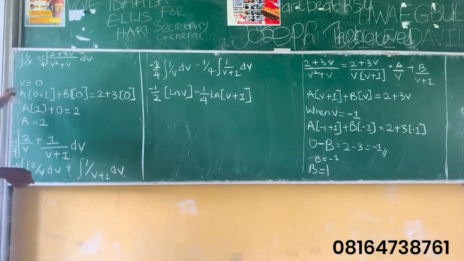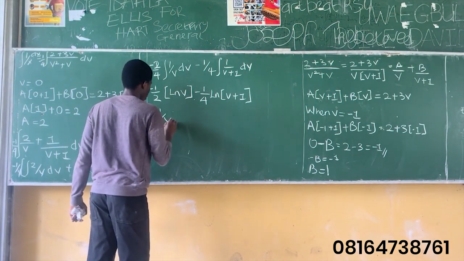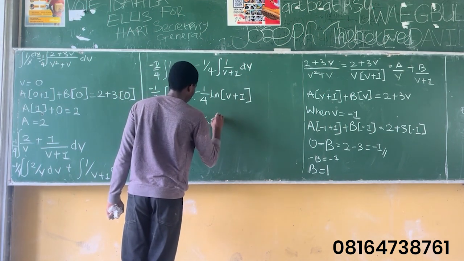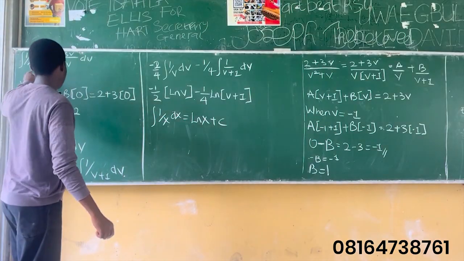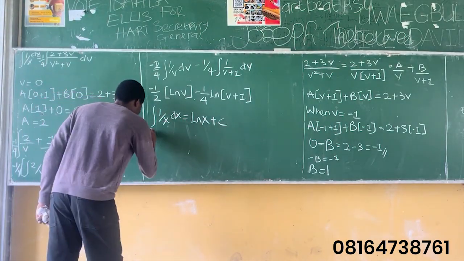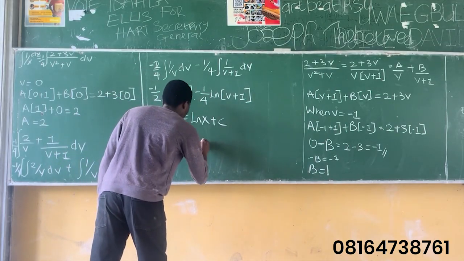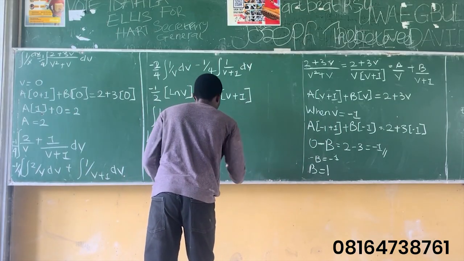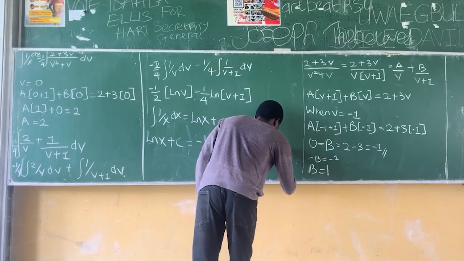We will then integrate 1 over x dx. If you integrate 1 over x dx, it's going to give you ln x plus c. So now we are going to be equating this with this idea we have gotten here. So it's going to be ln x plus c is equal to minus 1 over 2 ln v minus 1 over 4 ln of v plus 1.